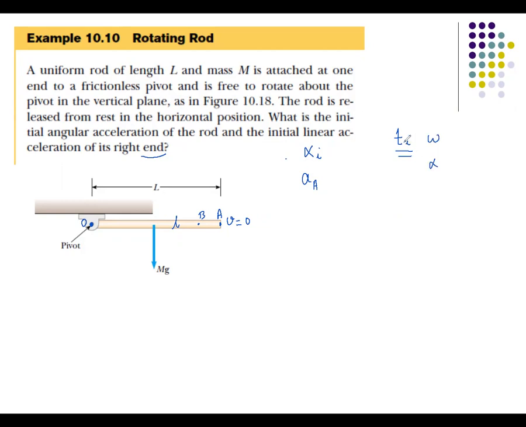So at initial time, we have omega initial and alpha initial. Omega of A equals omega of any other point equals omega initial, and the same for alpha. Alpha A equals alpha B equals alpha initial. This is about omega and alpha.